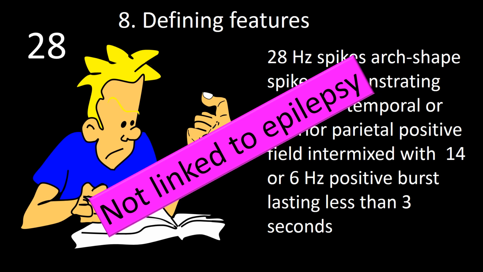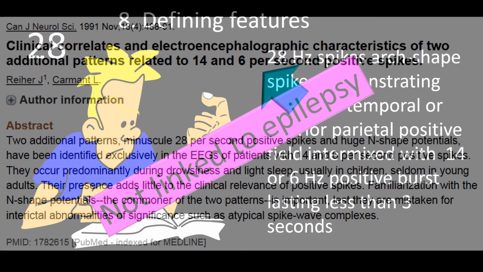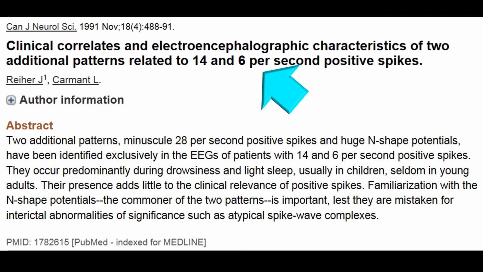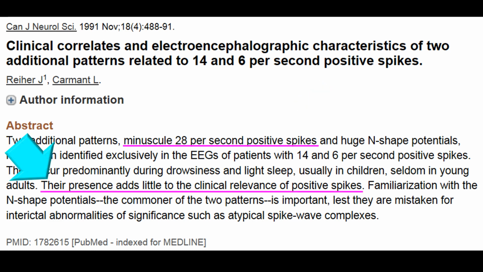28 Hz spikes are not linked to epilepsy. This conclusion and their association with 14 and 6 per second positive spikes was nicely reported back in 1991.